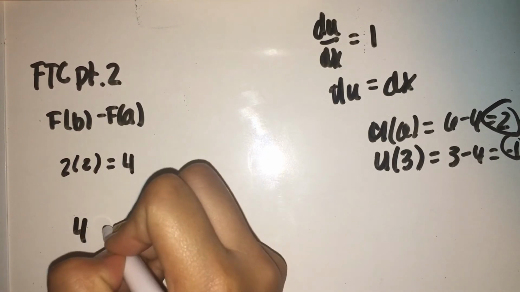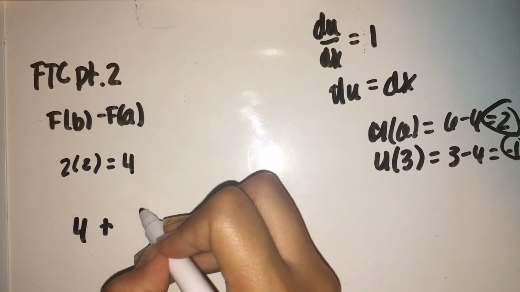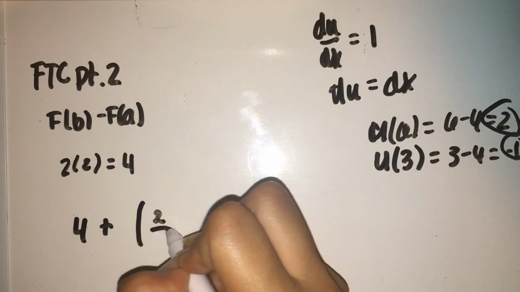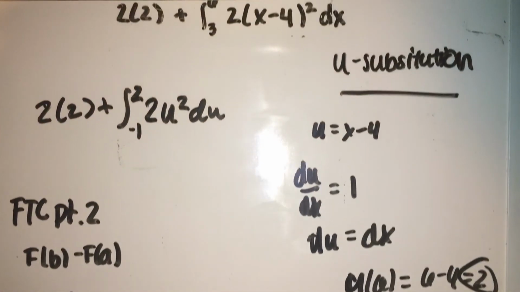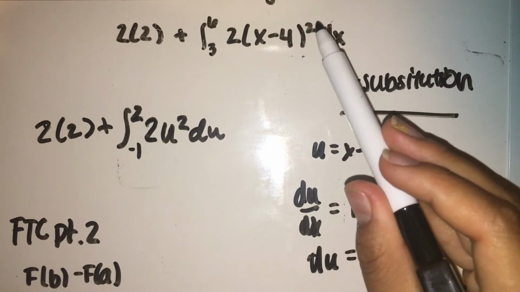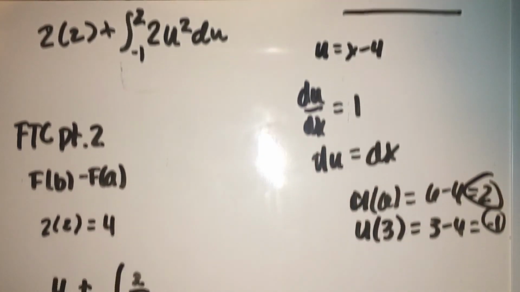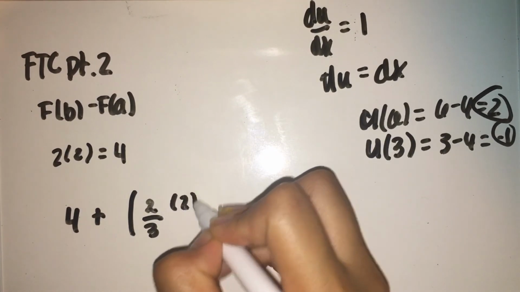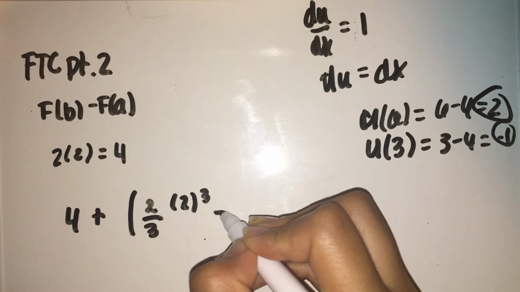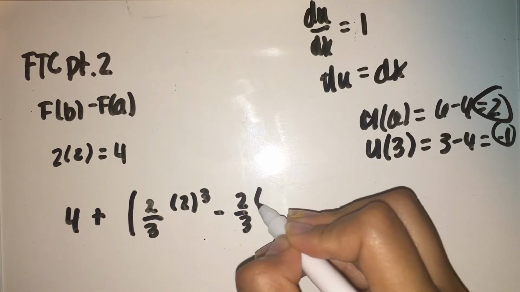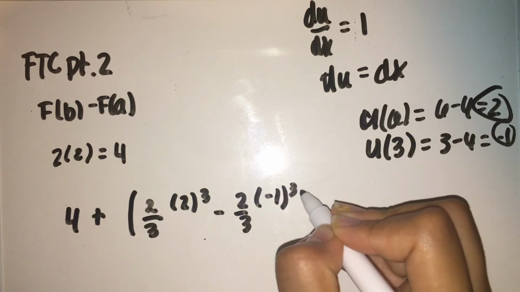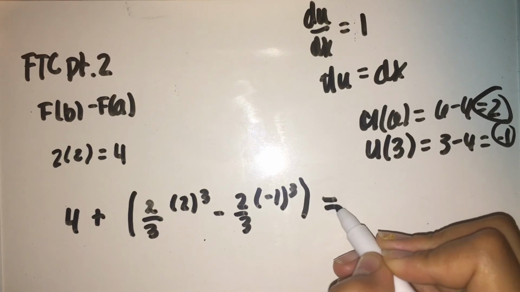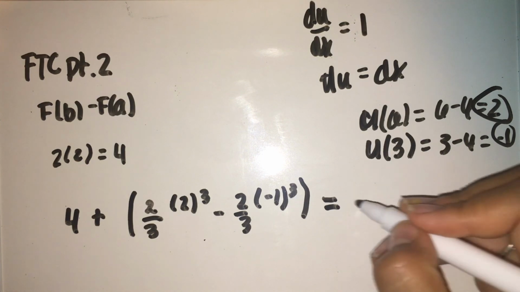So we're going to have 4 plus, and then we're going to have a big quantity of 2, divided by 3, because this changes into the third power and we divide the coefficient by 3. So we have 2 over 3 times 2 to the third, minus 2 over 3 times -1 to the third. And after this is all simplified, we get that the integral from 1 to 6 of g of x dx is equal to 10.